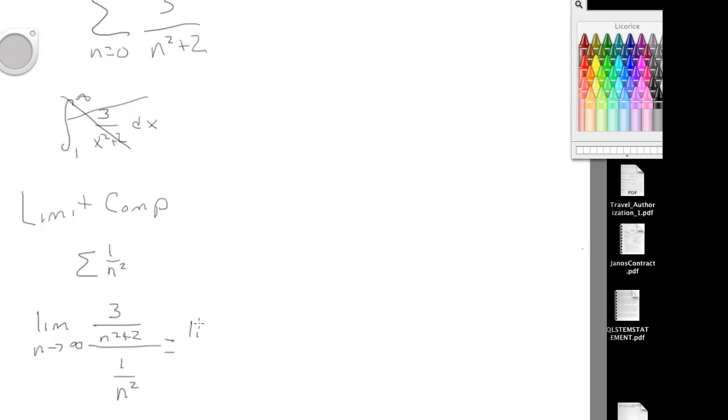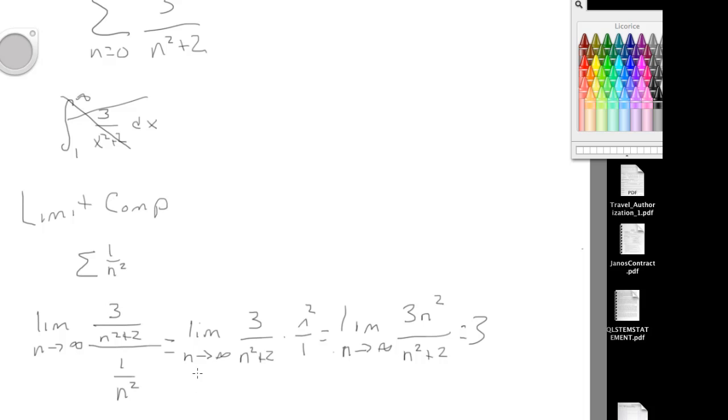that is equal to the limit as n goes to infinity of 3 over n squared plus 2 times n squared over 1, which is the limit as n goes to infinity of 3n squared over n squared plus 2, which is 3.